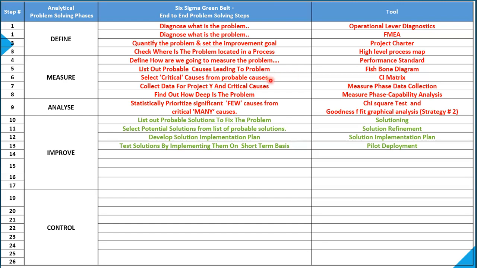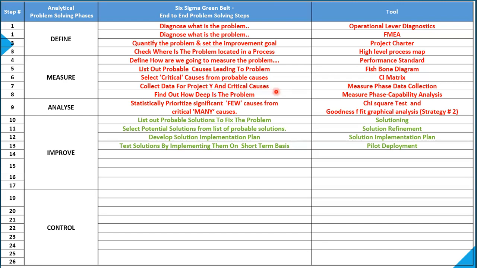Once we found the critical causes, we went ahead to collect the data for project Y and critical causes. Why do we need to collect data for project Y and critical causes? Of course, we need to further prioritize critical causes to statistically significant causes, and for that sake, we need to deploy a statistical test, and a statistical test demands data collection, and that's why we do some data collection.